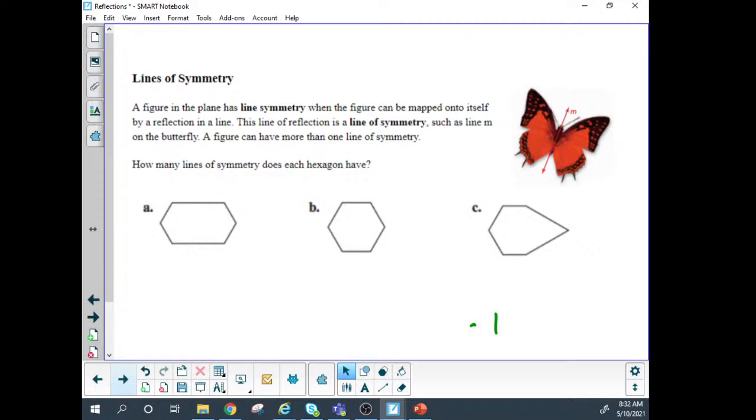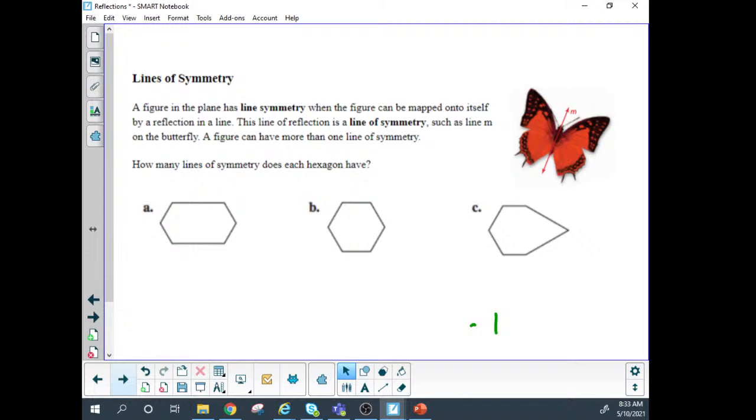Lines of symmetry is what we're ending on here. A figure in the plane has line symmetry when the figure can be mapped onto itself by a reflection in a line, like a butterfly. And almost all animals have line symmetry.